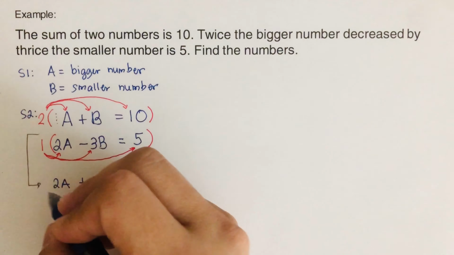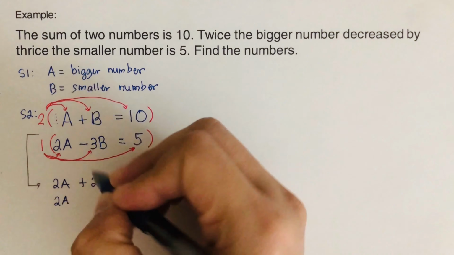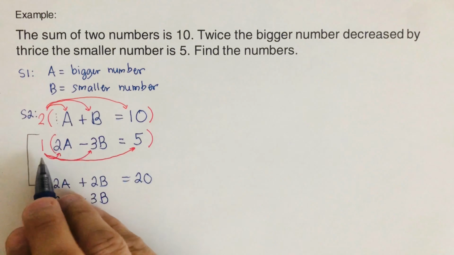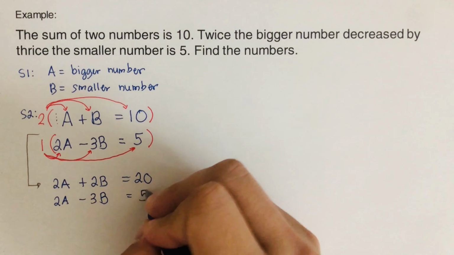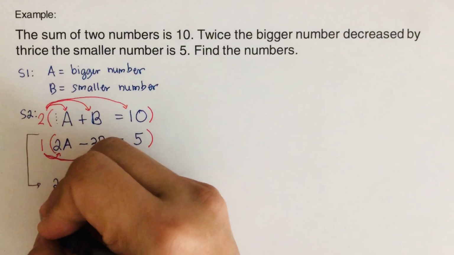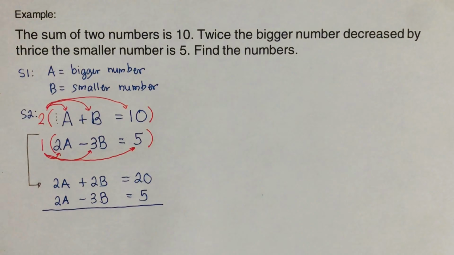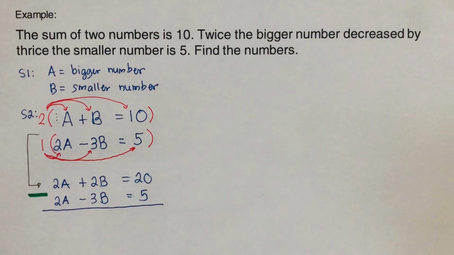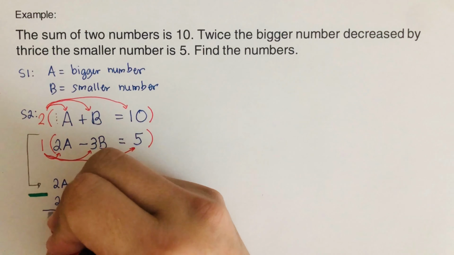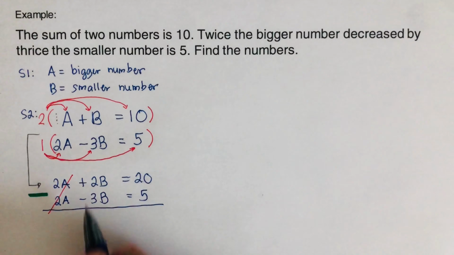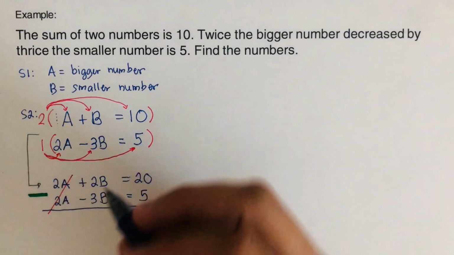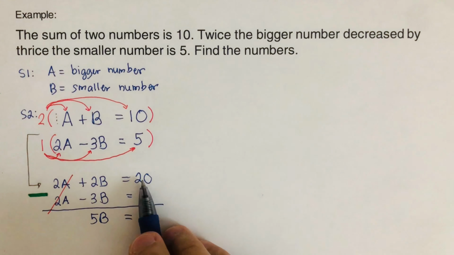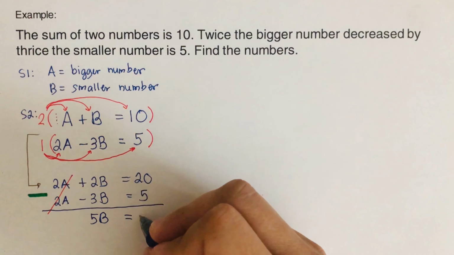So 1 times 2A is 2A. Then 1 times negative 3B is negative 3B. And then 1 times 5 is 5. From here, we are going to subtract these two equations every time. So 2A minus 2A is 0. We can cross that out. Then 2B minus 3B is 5B, and that is equal to 20 minus 5, which is 15.